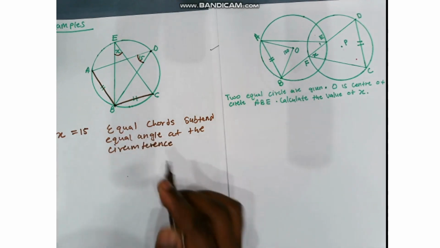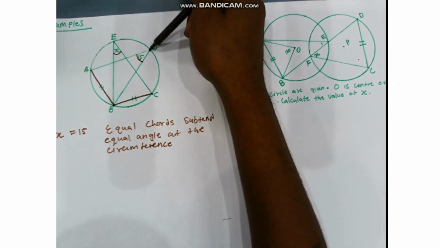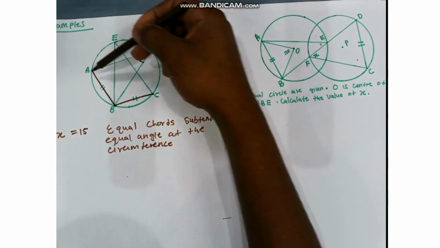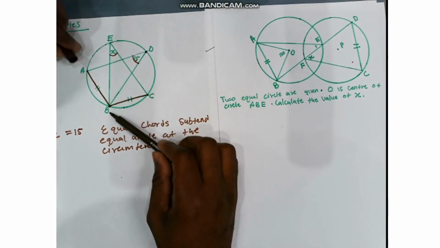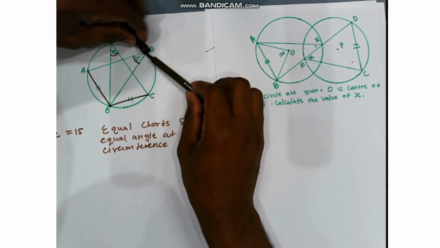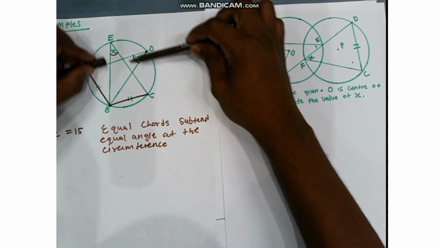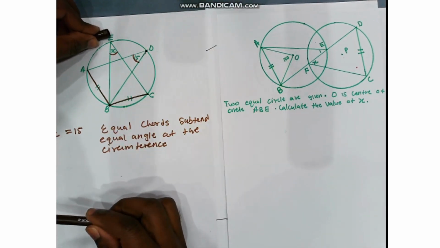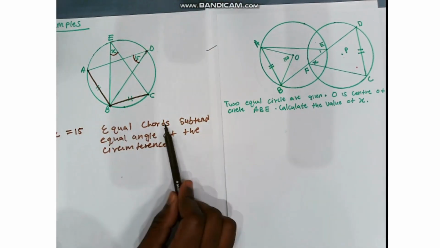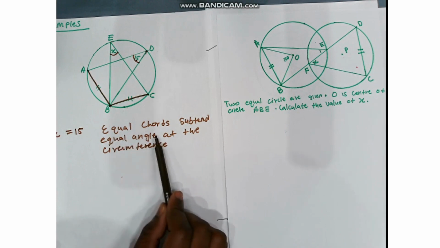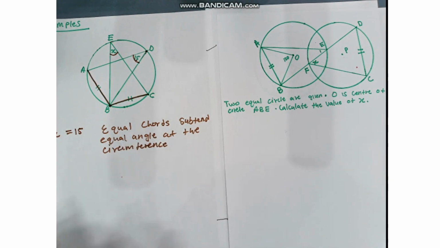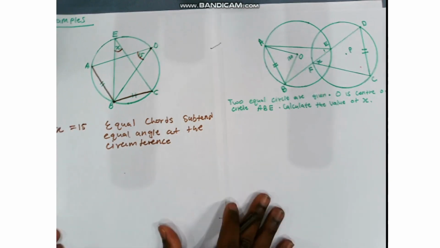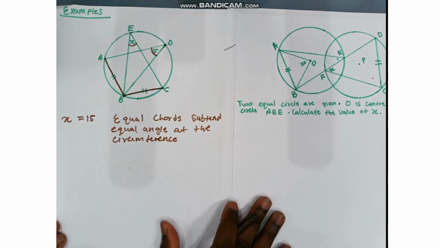They are subtending at the circumference. These points are at the circumference. These are equal chords from here going top, from here going top. Where is this top? This top is at the circumference. So equal chords subtend equal angles at where? At the circumference. I hope you get this one. I hope you do, guys.